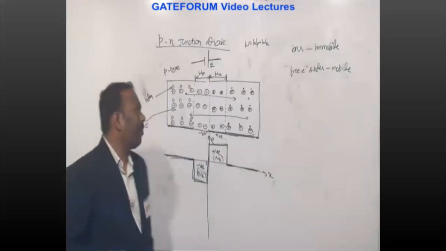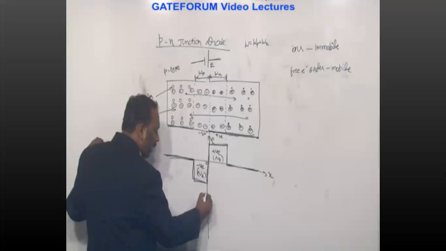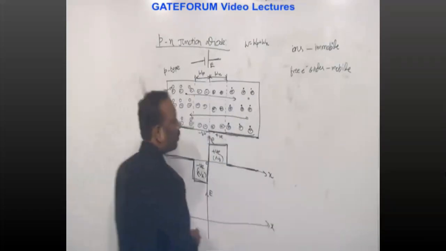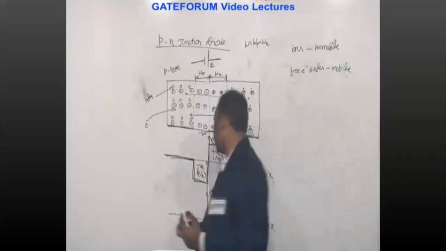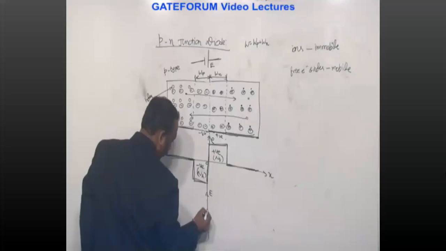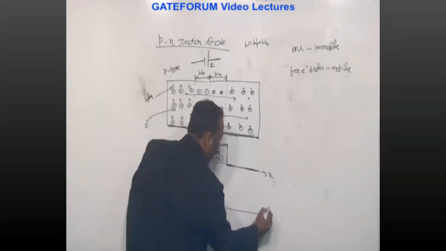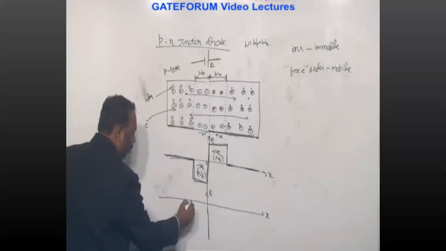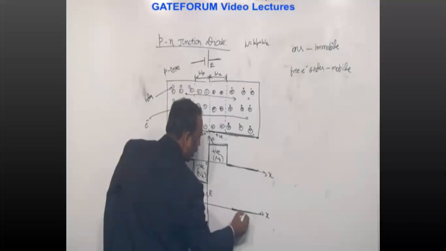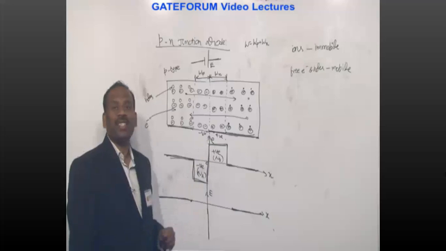Now, electric field. I said electric field exists. If you plot the electric field: from here it is neutral, therefore here electric field is 0 because it's neutral. How to get the electric field? We know charge density.